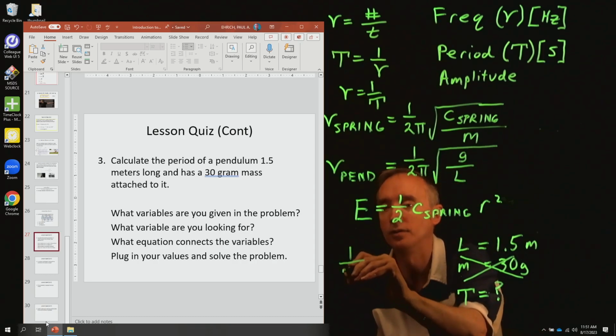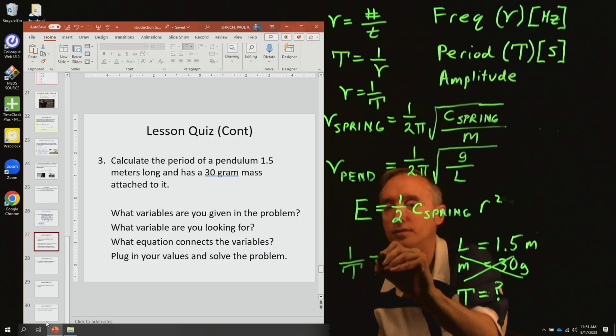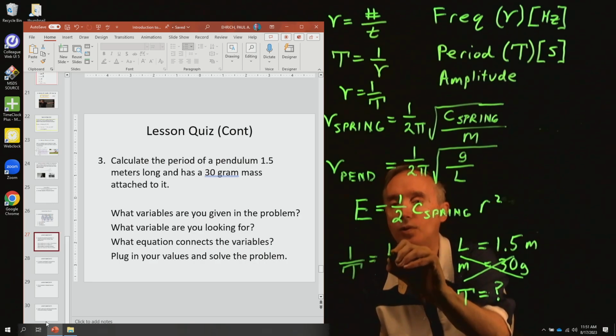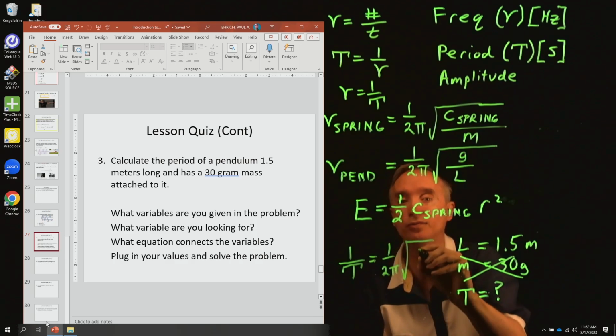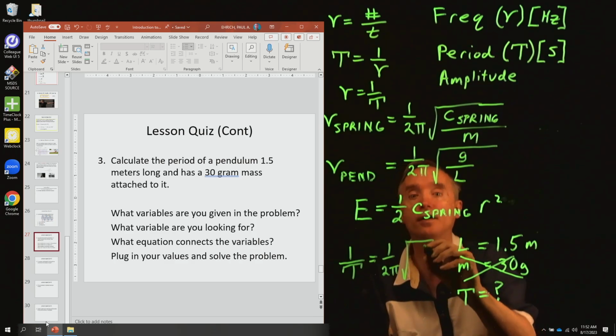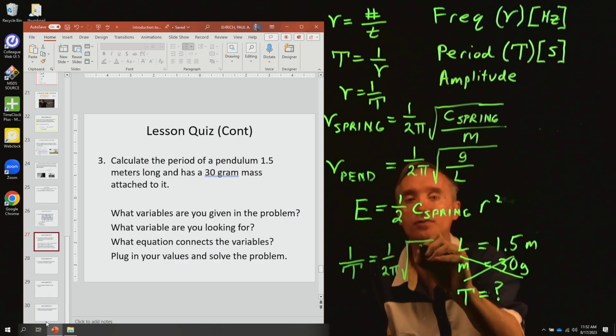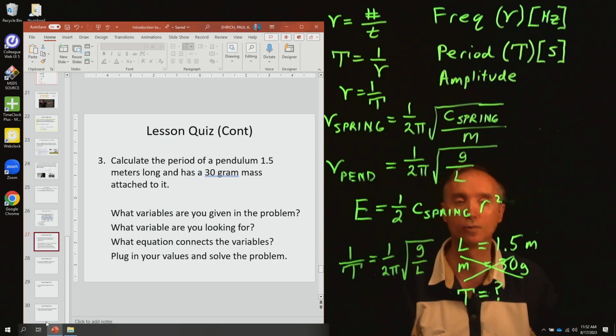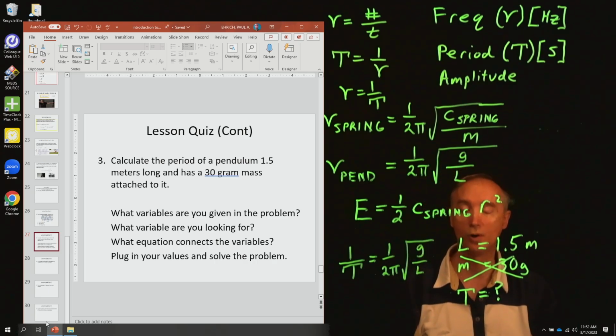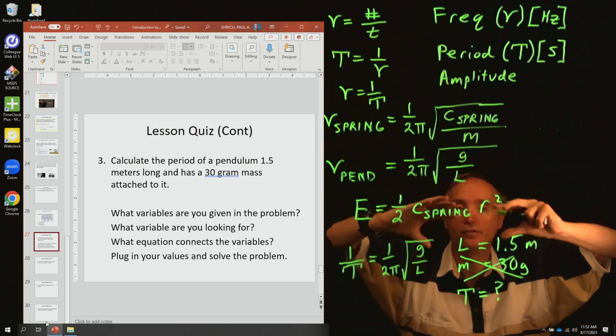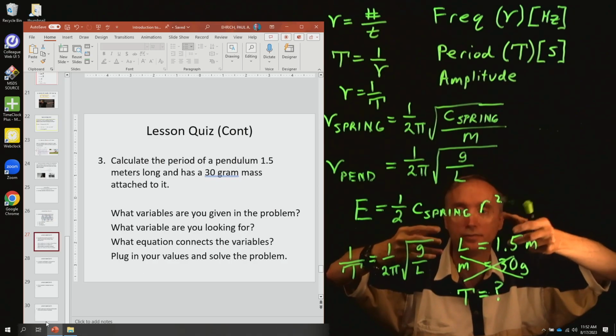1 over the period would then be equal to 1 over 2 pi times the square root of g divided by L. All right, so there's our working equation, because we want to know what the period is. Well, let's take that and flip it upside down.